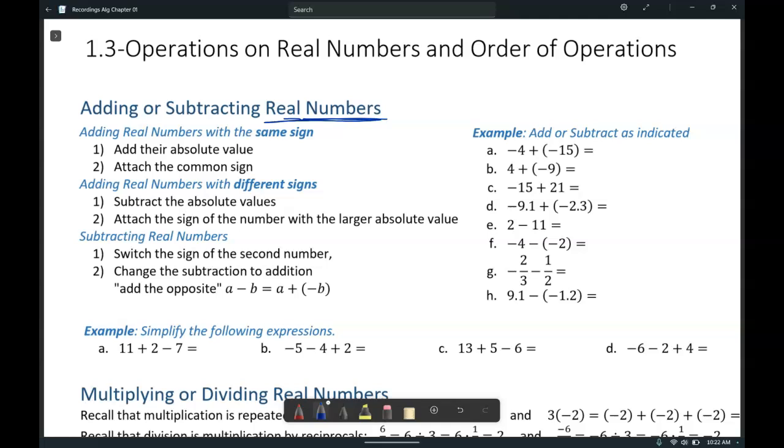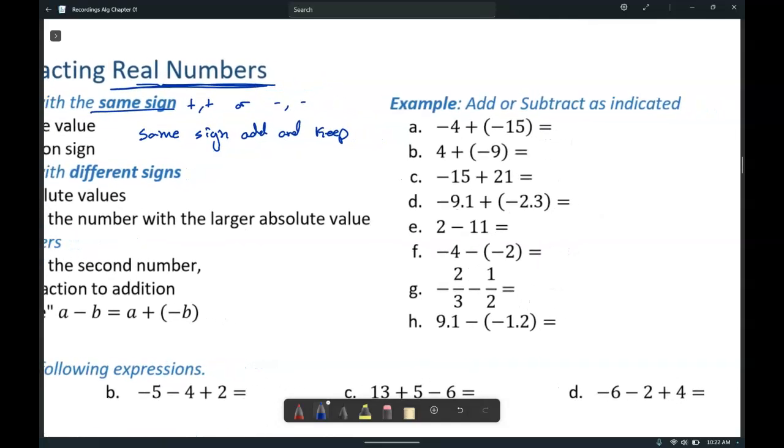values. When we're adding real numbers that have the same sign, either they are both positive or they are both negative, then we want to add the absolute values and attach their common sign. So we want to think same sign, add, and keep. And so we've got a couple examples here that count as adding.